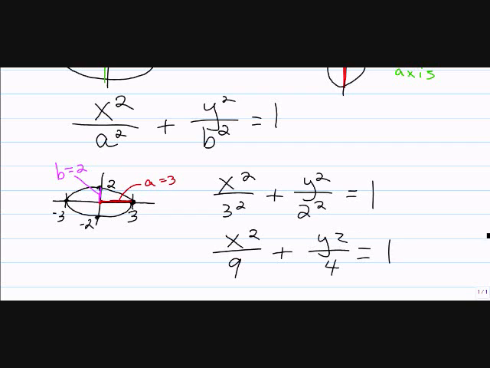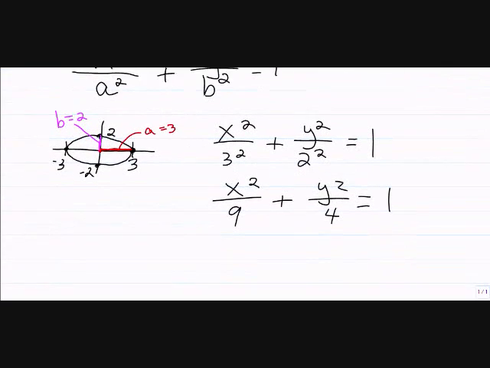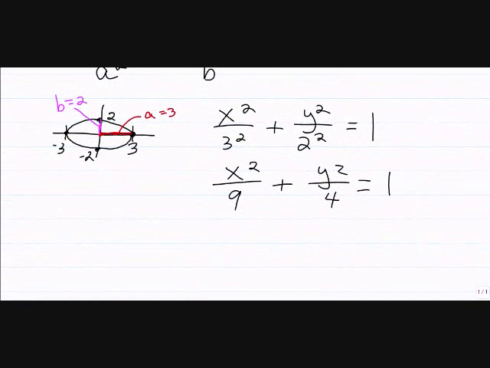Now, if I orient mine vertically, it's not too tricky to do. So here's an ellipse. Let me say that it is 2 units wide and 10 units high.